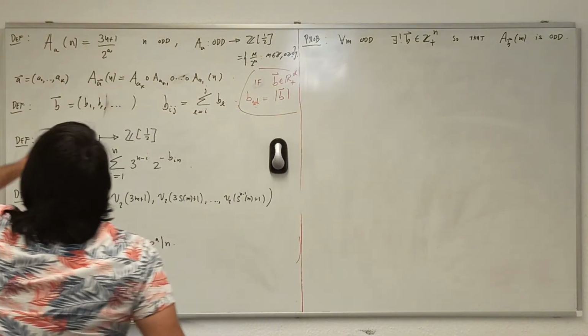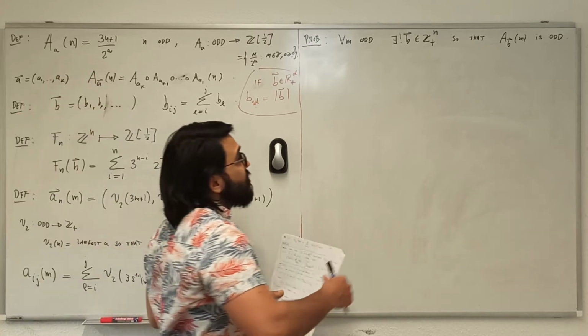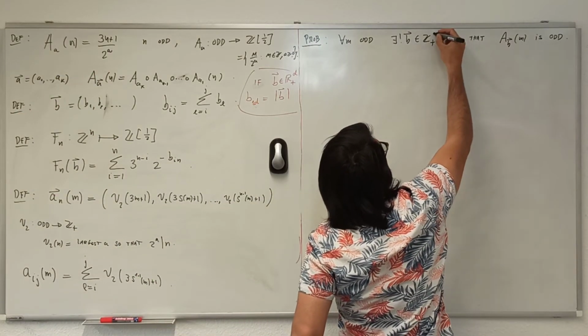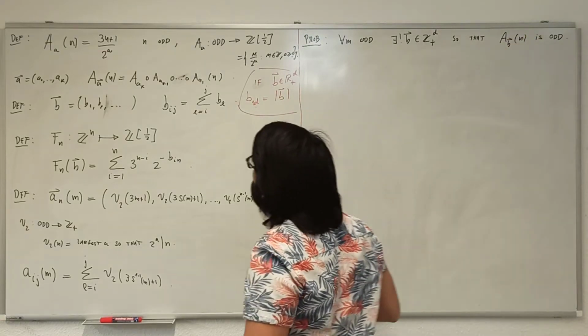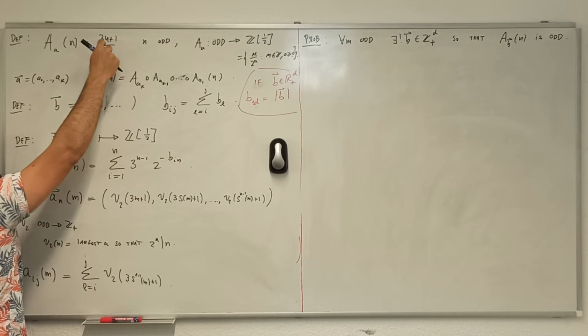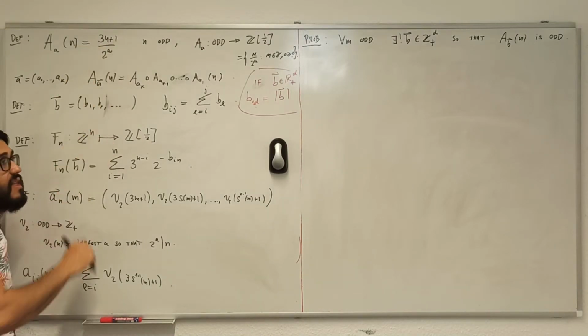Okay, so for instance, if you start with one entry only, maybe I should put it here like d, and then put here n. So if d equals 1, well, this number is odd, so you have to divide by the largest power of 2, otherwise you still get an even number.